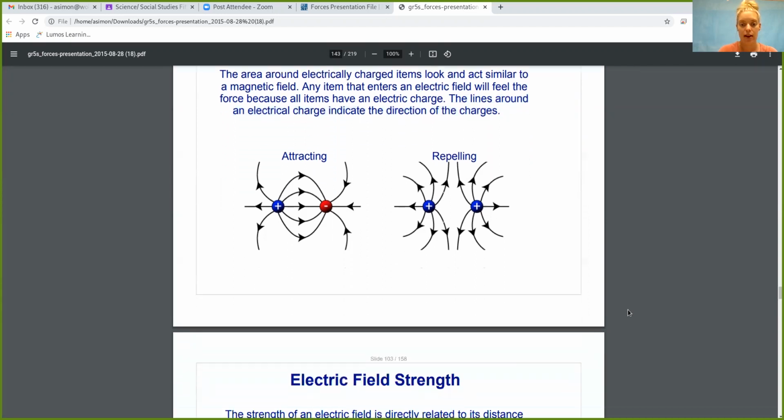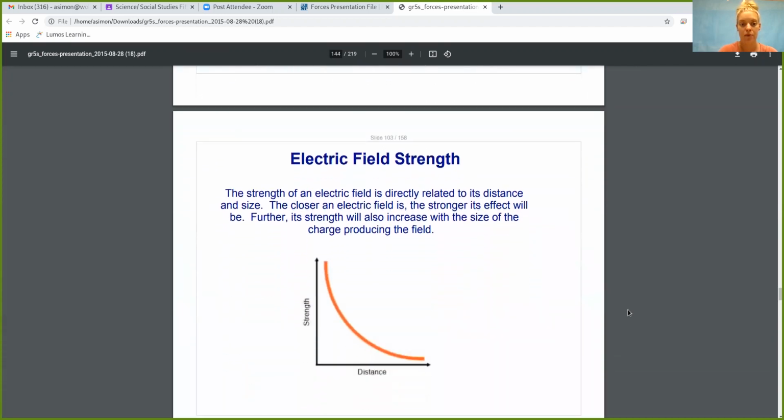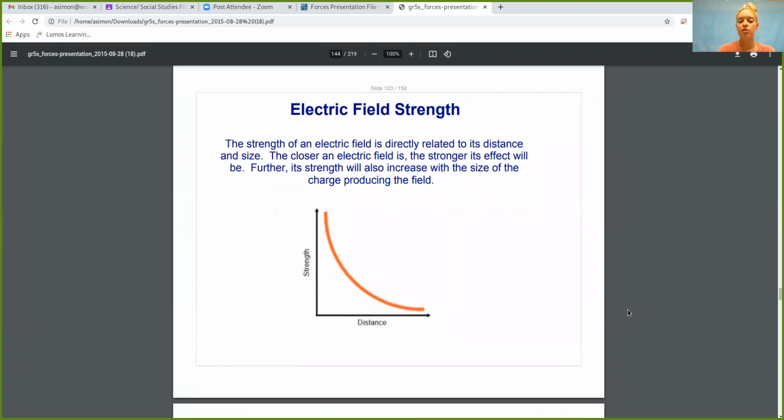All right, moving on. There are two things that determine electric field strength. Go ahead and put that in your notes. The strength of an electric field is directly related to its distance and size. That makes sense.